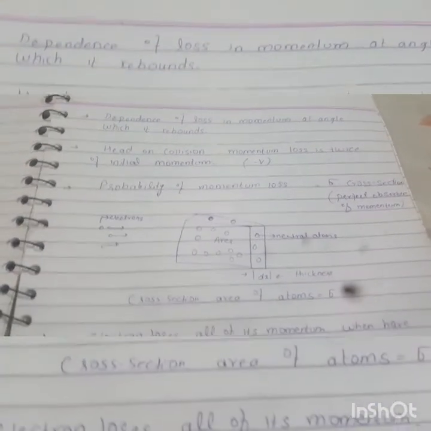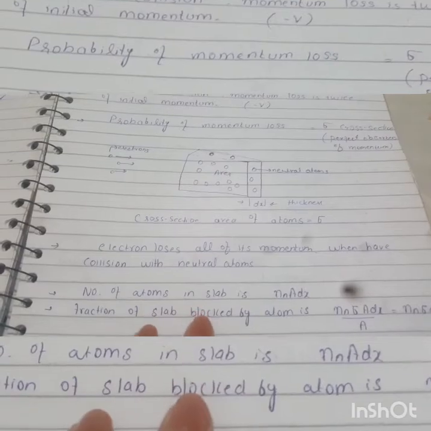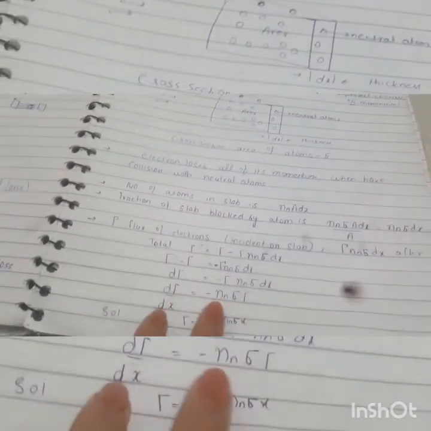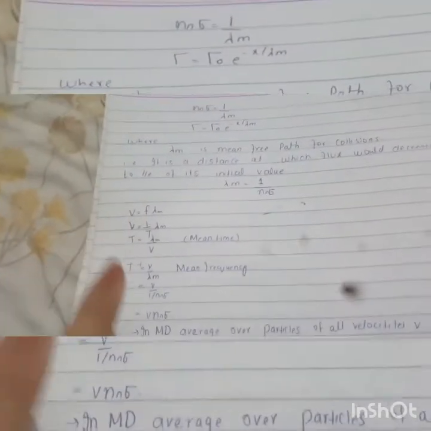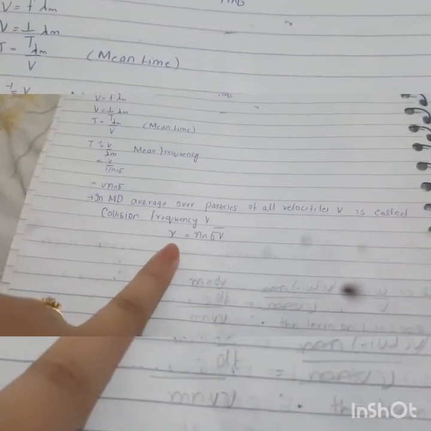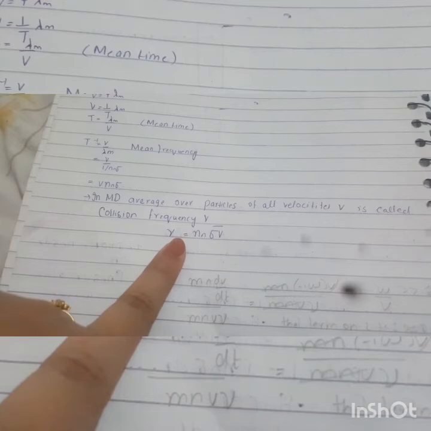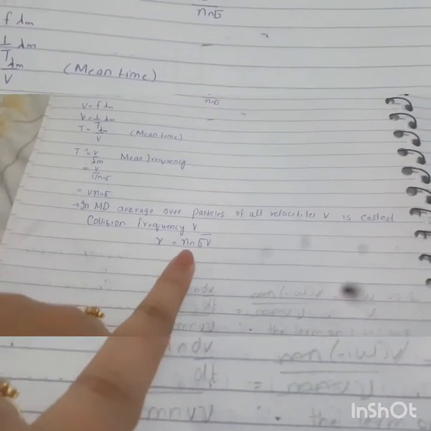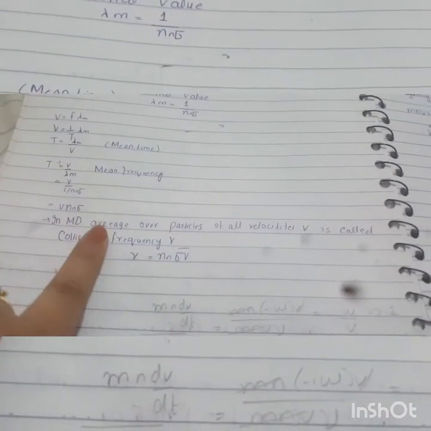After that we have some representation of symbols that leads us towards our final equation, that is collision frequency, which is nothing but the velocity of all the particles when we take the average.